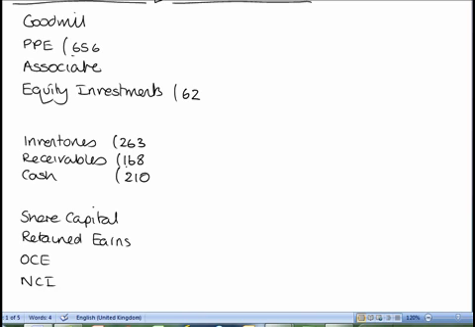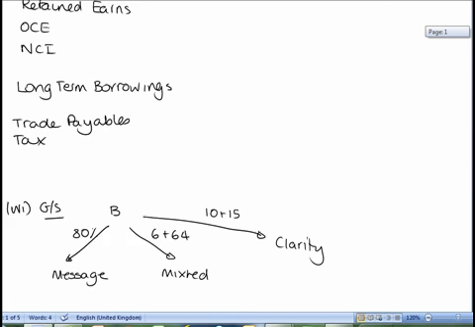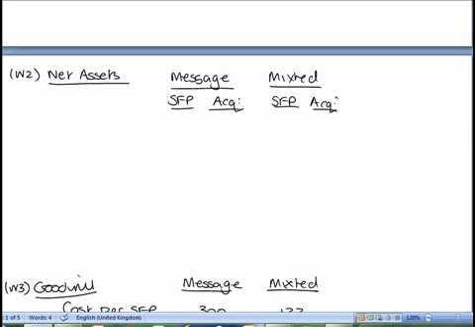And for cash, it's 210. Share capital is 520. We've then got the share capital of our investments. So we're going to take that share capital, 220 for Message, 100 for Mixed.